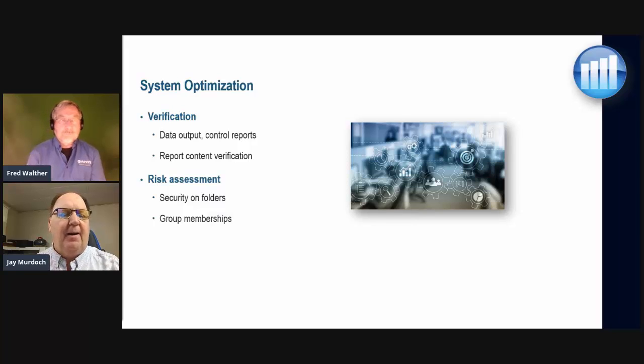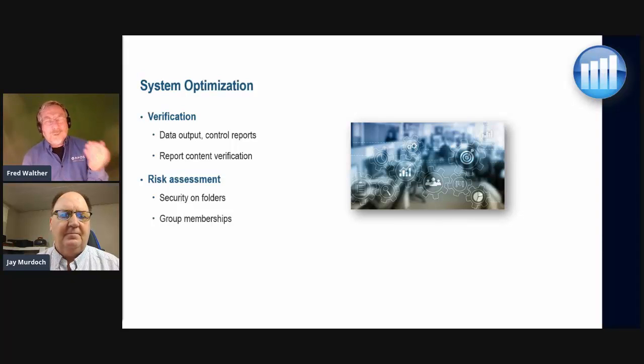And then obviously in the optimization side, we talk about a lot, I know. First of all, verification. Could you explain a little bit about the verification in terms of optimization? Sure. So verifying data output, making sure that the control reports we're using as a control on our system return the same values each time they're run on each system, validating the content of the system.